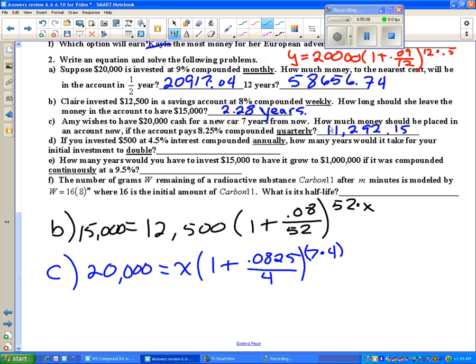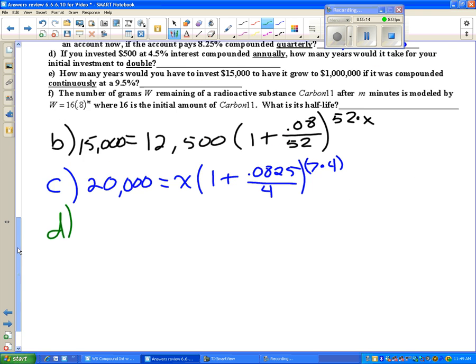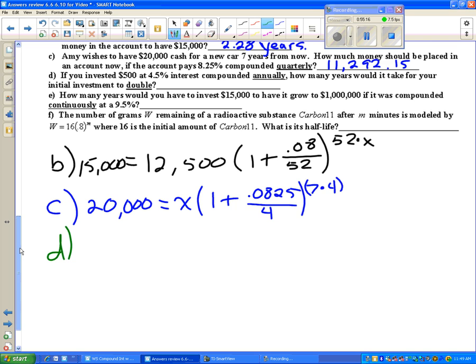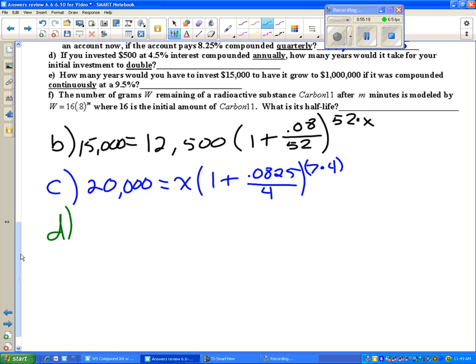Letter D says if you invest $500 at 4% interest compounded annually, how many years would it take for your initial investment to double? So again, I want to double. So I want to go from $500 to $1,000.